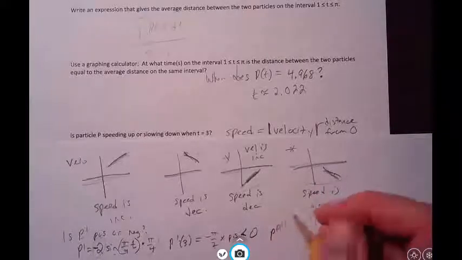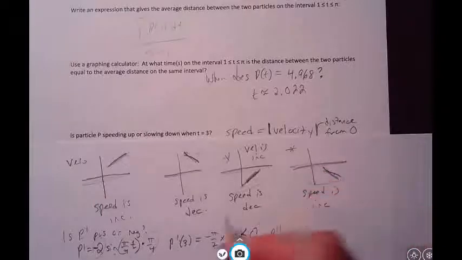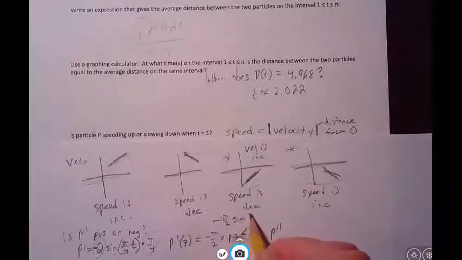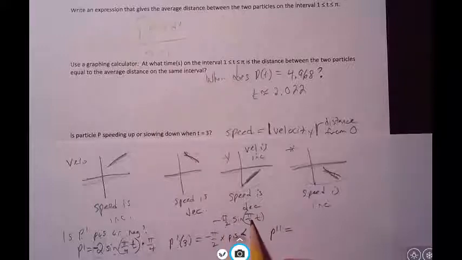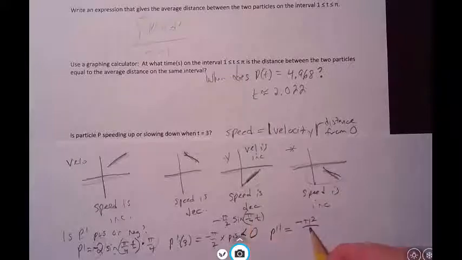So then P double prime, let's figure out what that is. If P prime is negative pi over 2 times sine of pi over 4 t, then for P double prime, I'm going to have to chain on another pi over 4. So I'm going to get negative pi squared over 8 for my constant. And then differentiating sine gives me positive cosine of pi over 4 t.